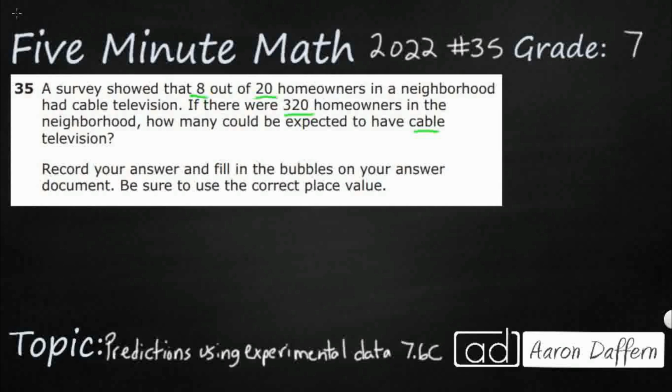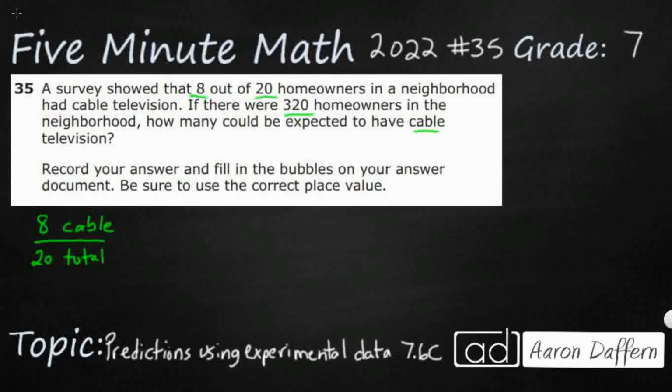So let's start with the ratio, the proportion, because that's going to be pretty obvious for most of us. Let's first make this a proportion, and we need to always be careful with our labels. They tell us 8 people have cable out of 20 total.